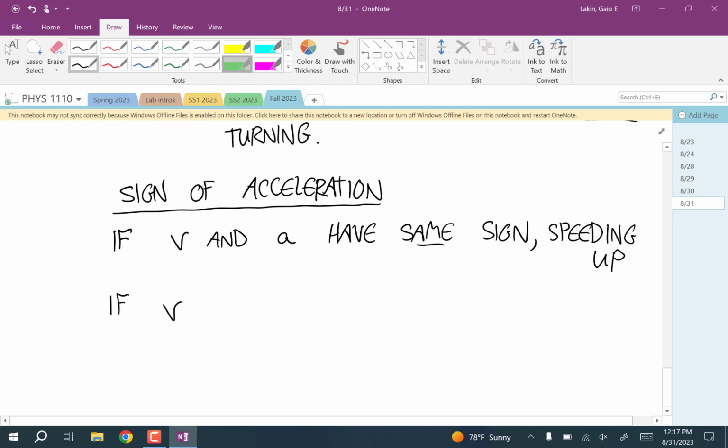If the velocity and acceleration have opposite signs, it means the object is slowing down.